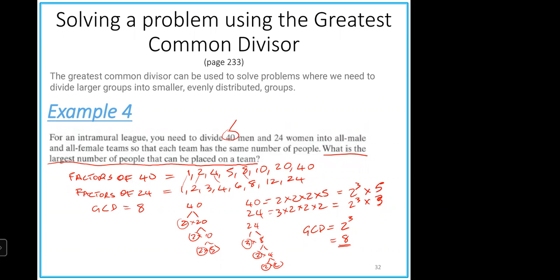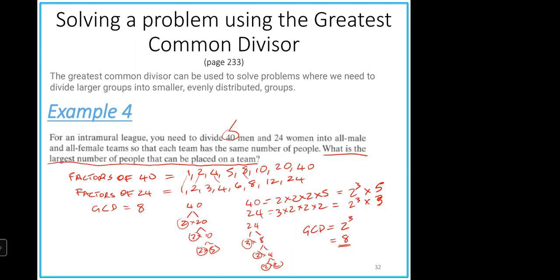And then how many teams would we have for the women? 6 8s are 48. Oh, sorry, we only have 24 women. So 3. Okay. Now the question didn't ask you how many teams. They only want to know the largest number of people that could be placed on a team.